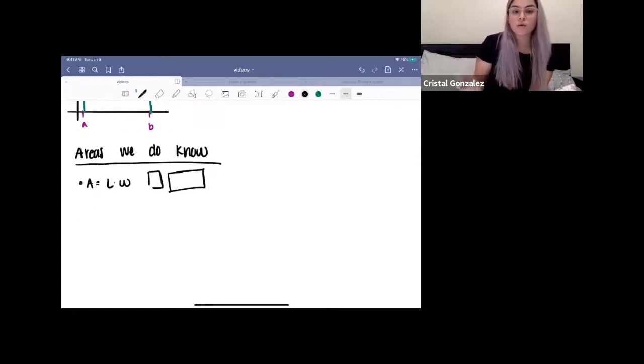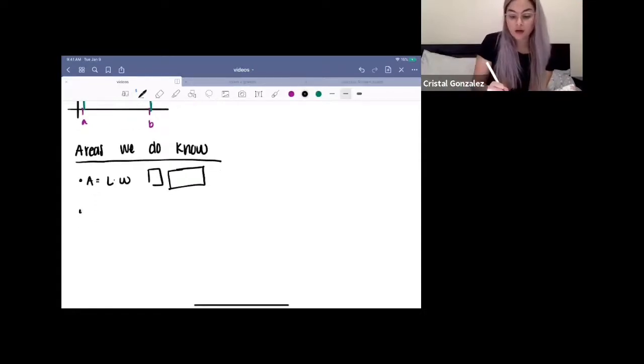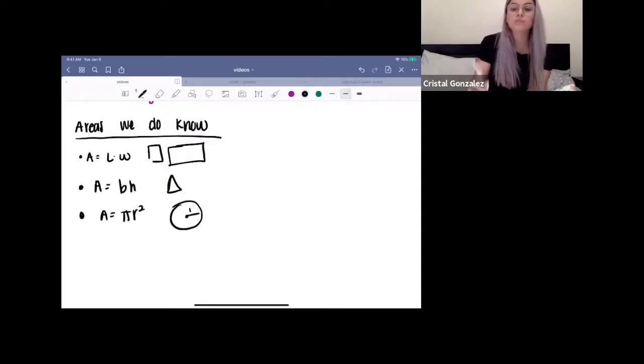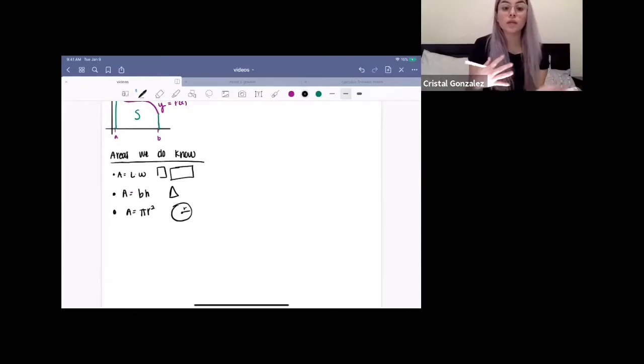Or we know the formula for a triangle. That formula is area equals base times height for a triangle. And we also know the area of a circle. And we know a few more, but these are the most common ones. So A is equal to pi r squared for a circle with radius r. So these are the ones that we usually tend to not forget for areas.